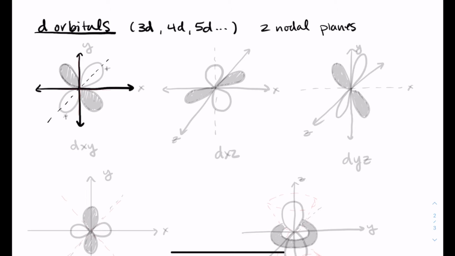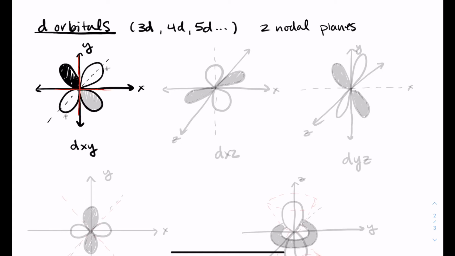Each lobe points in between the axes, at a 45-degree angle, perfectly in the middle of the axis system. Now, the way that the nodes work, the zy plane is a node, and then the xz plane is a node. So the shading ends up looking a little bit weird.